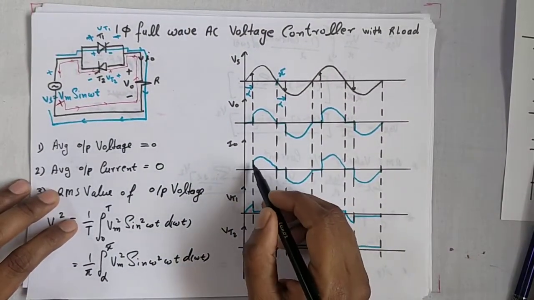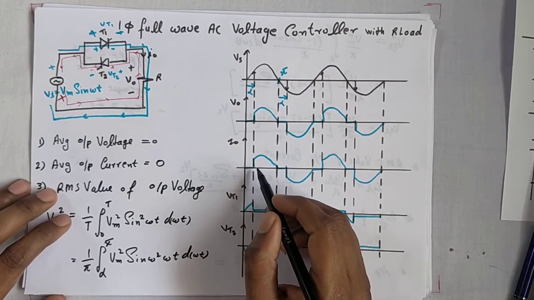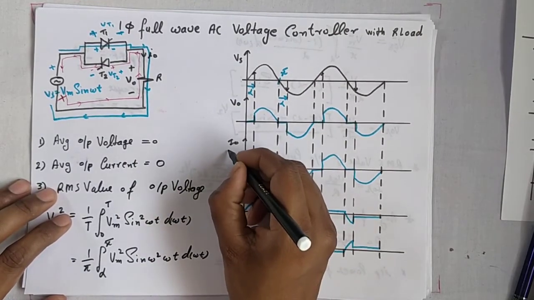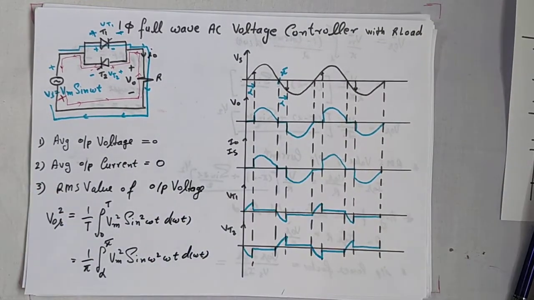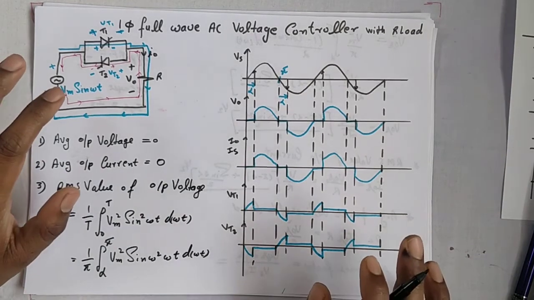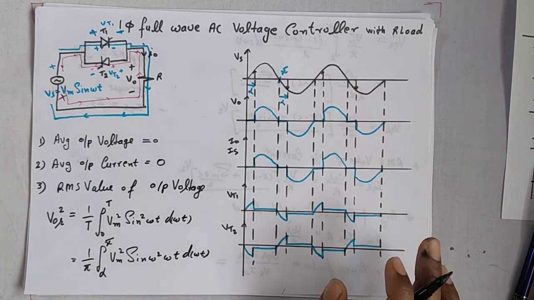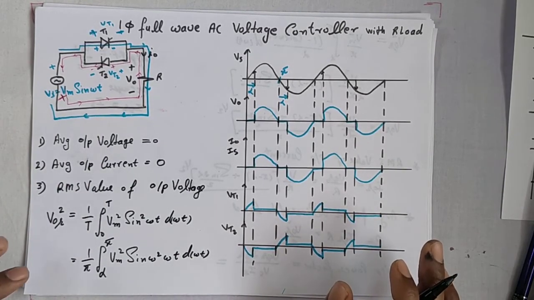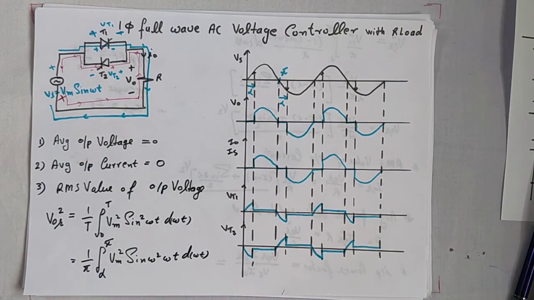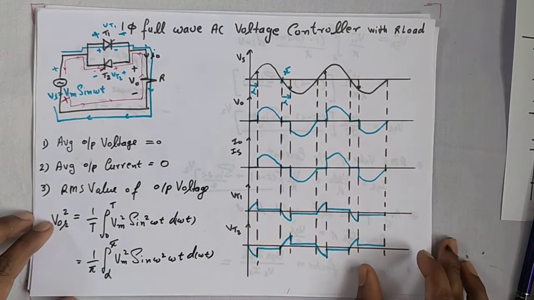This is I0, this is the same as IS also. So IS means whenever T1 is on, whenever I0 flows, the same IS will flow, because I0 is part of IS.